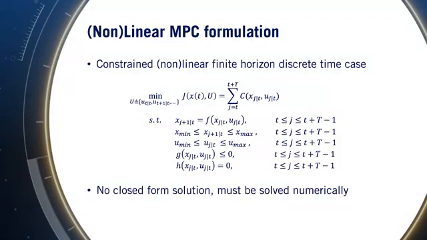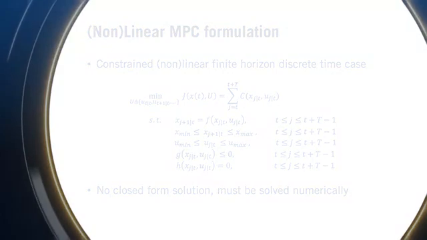For such a general optimization problem, however, no closed form solution exists, and so we must rely on numerical optimization to find a solution. Even the kinematic bicycle model falls into this category, so almost all MPC controllers for autonomous driving will be solved numerically.